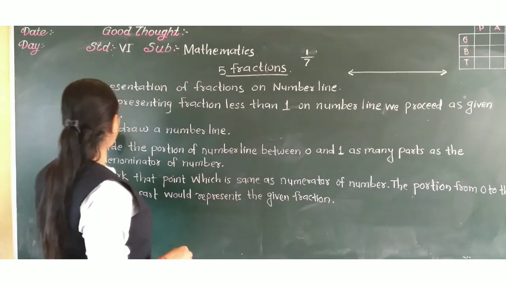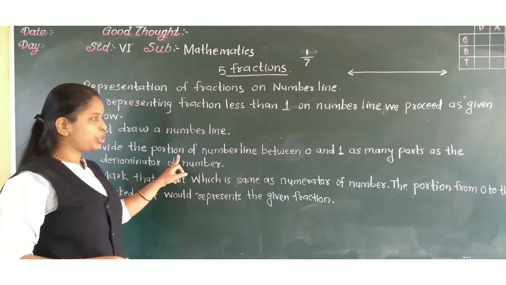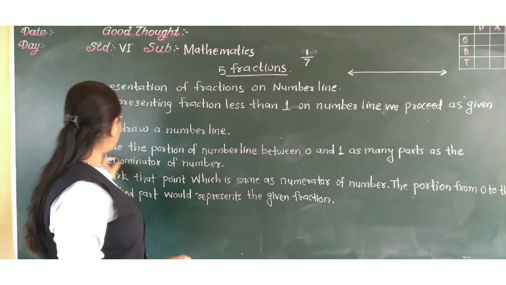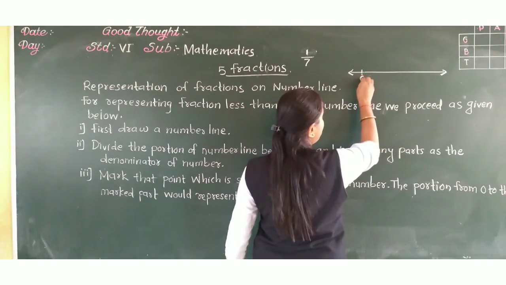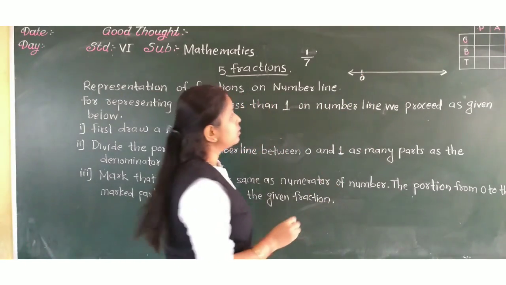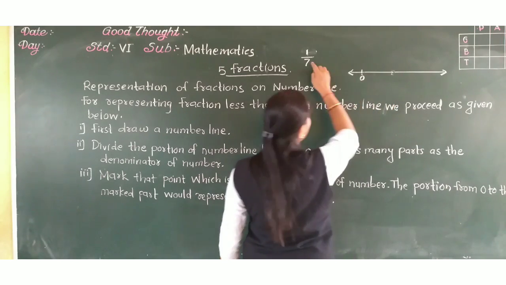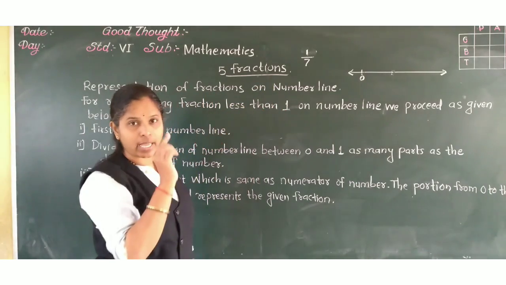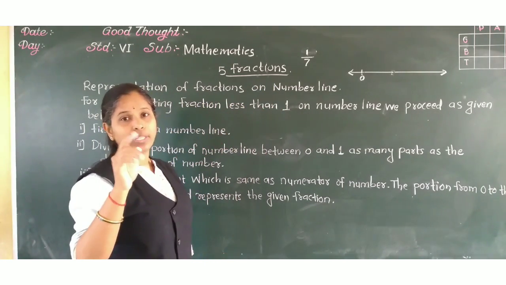Yes? So, what they have said, first draw a number line. Then divide the portion of number line between 0 and 1 into as many parts as the denominator of the number. Now see, suppose here 0 is there. Between 0 and 1, how many parts should be there? 7. Whatever number is at the denominator, that many parts should be there between 0 and 1.